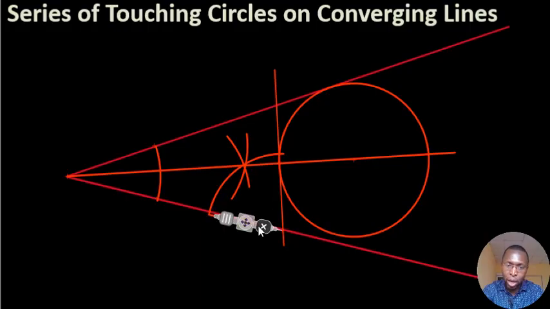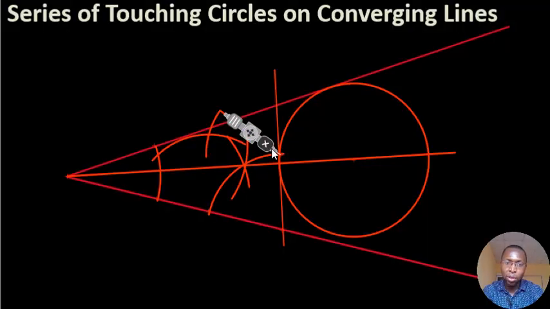Then you move your compass to the other end, swing it almost close to the middle of the angle, and make an arc like this. Move it again to the other end. Remember, we are bisecting that angle. Swing it and make an arc to intersect the first one. As you can see, you can now take away your compass.